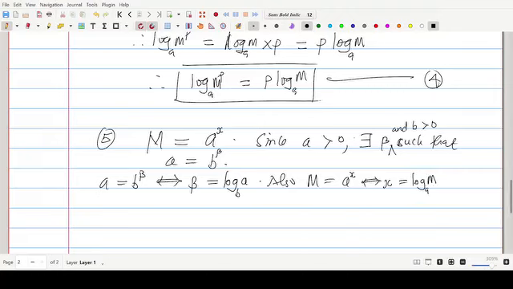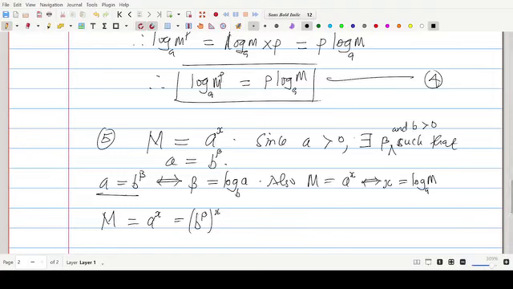Let's note that m, which equals a to the power x, can be written with a replaced by b to the power beta, because our a here is already b to the power beta, all raised to the power x.